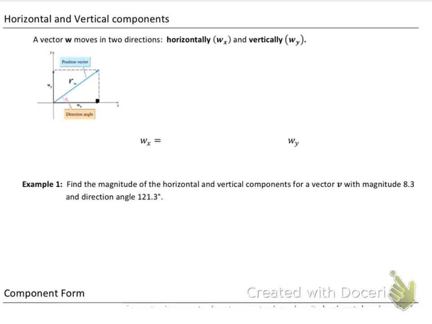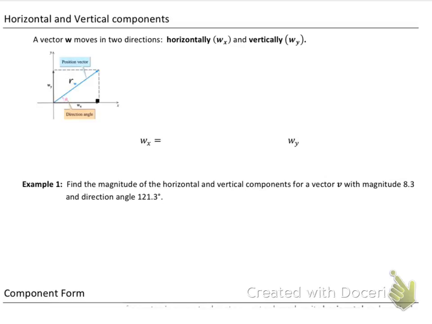So we're going to look at our horizontal movement and our vertical movement. We denote those with W sub x and W sub y. Just think about that. W sub x, x-axis, horizontal, y, vertical. All right?